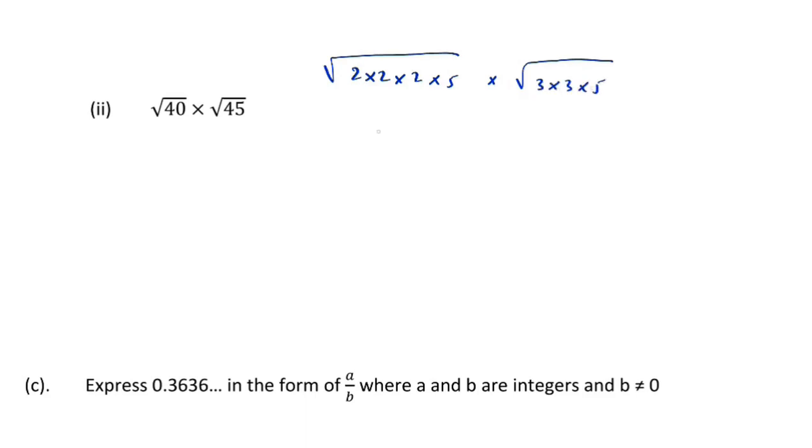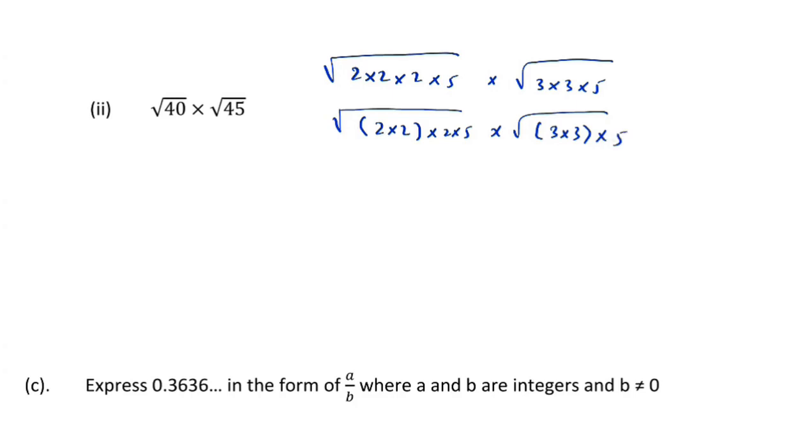Okay, so let us now separate the squares. We are going to have under root in brackets 2 times 2 times 2 times 5 times under root in brackets 3 times 3 times 5.